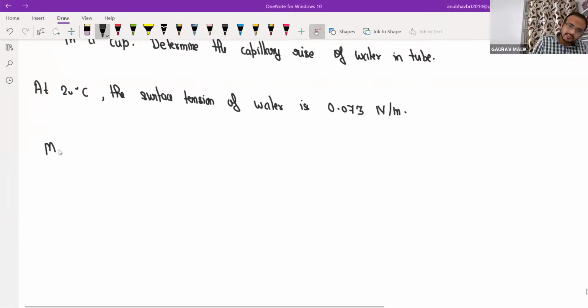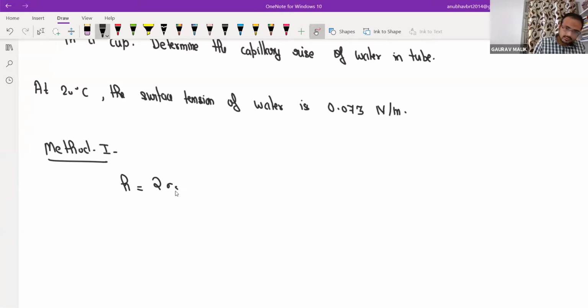Now with the help of method 1, the conventional method, if you have a lot of time, H is given as 2 sigma S divided by rho G R into cos phi.